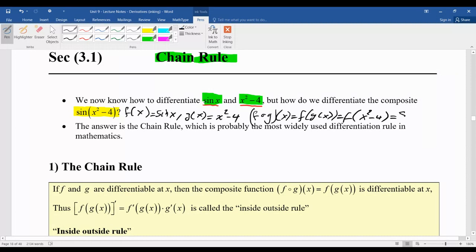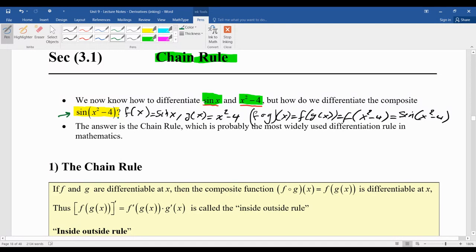So it will be sine of x squared minus 4. So we were able to decompose the function sine of x squared minus 4 into two functions, and then take the composition of these two functions to go back to sine of x squared minus 4.